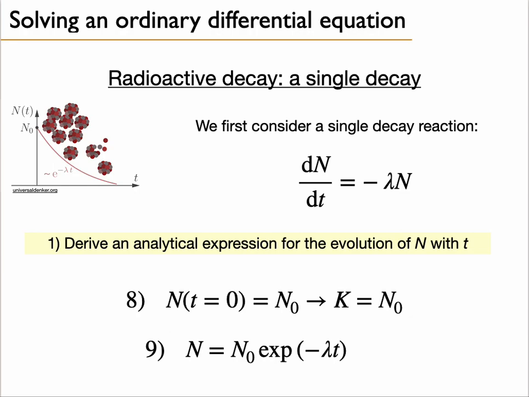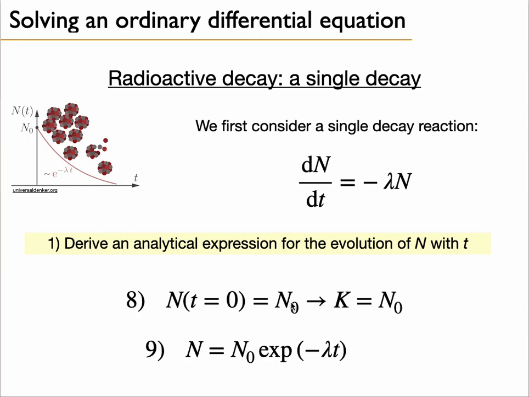Now that we have this general solution, we need to find the constant. To find the constant, we will use the initial condition. In our case, we will state that n at time t equal to 0 is equal to a known quantity, the starting quantity, n0.